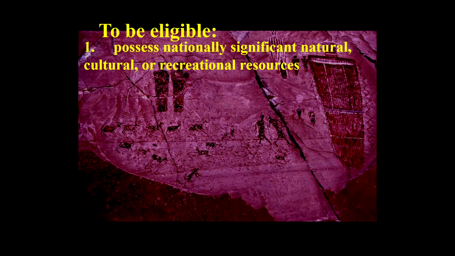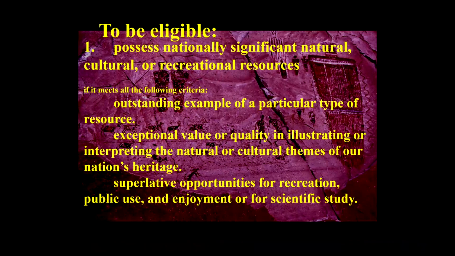The first one, possess nationally significant natural, cultural, or recreational resources. This is an interesting one because nationally significant and locally significant can be different. So we do have to think at a national level. So we're looking at, when we split that out, outstanding example of a particular type of resource.